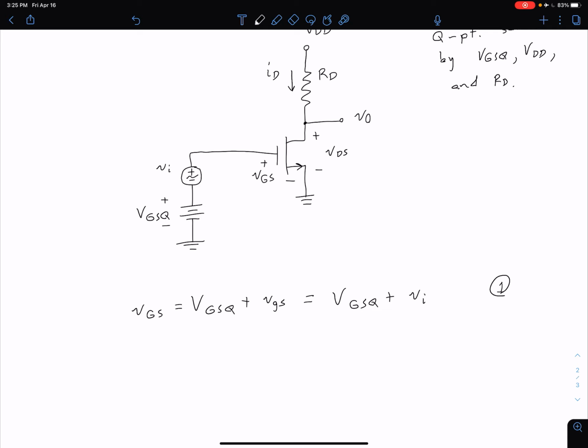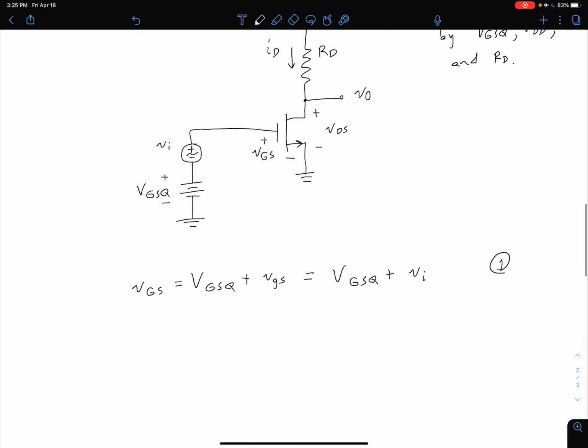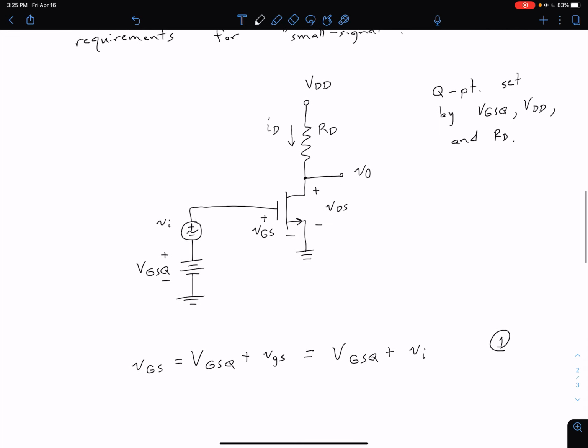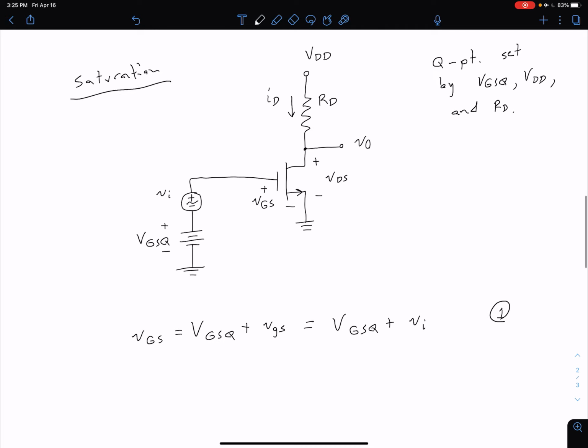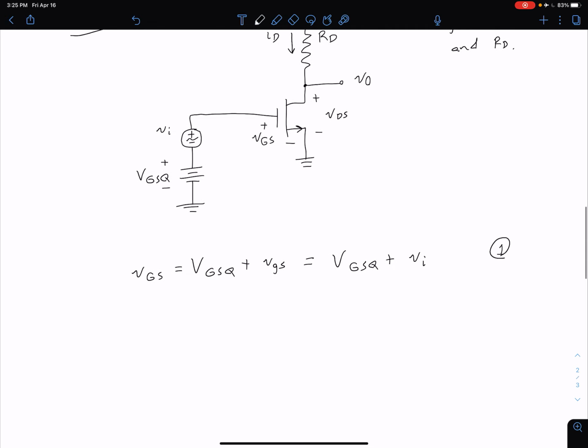We could do a similar thing, though we're not going to get there quite yet, but remember that we said for linear amplification we want to be operating in the saturation region. So if our MOSFET is in saturation, we're going to have a drain current given by iD equals Kn times (vGS minus VTN) squared.